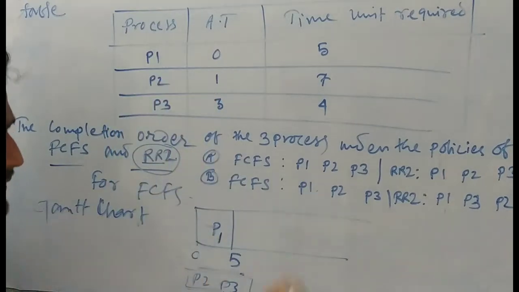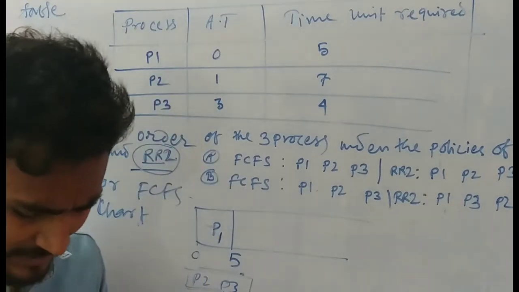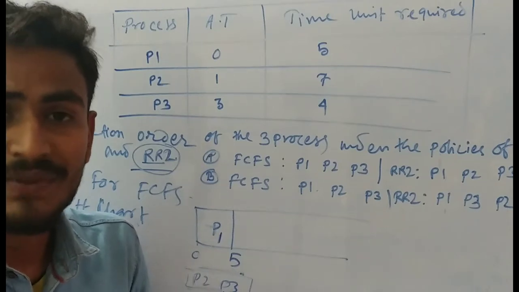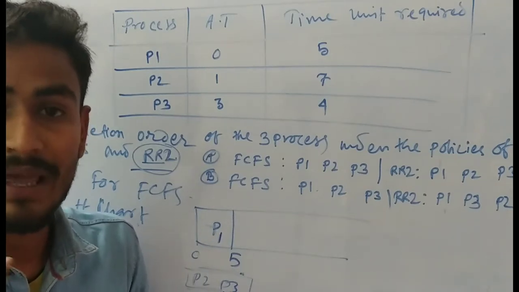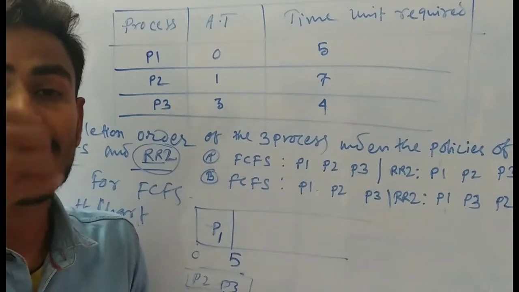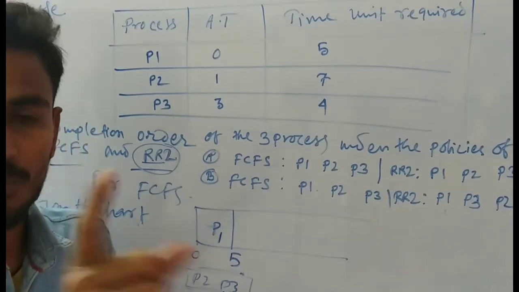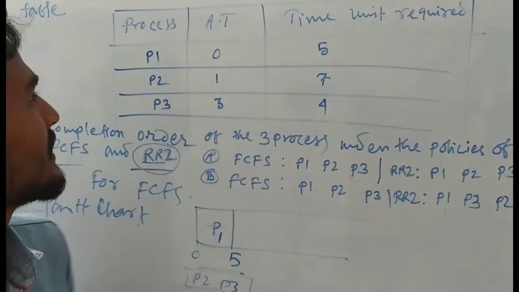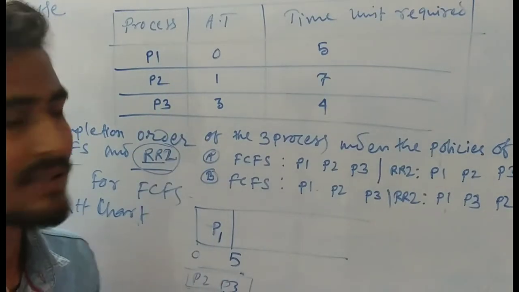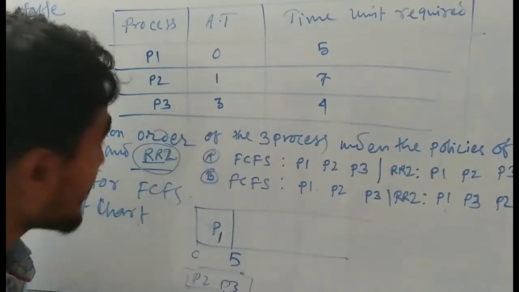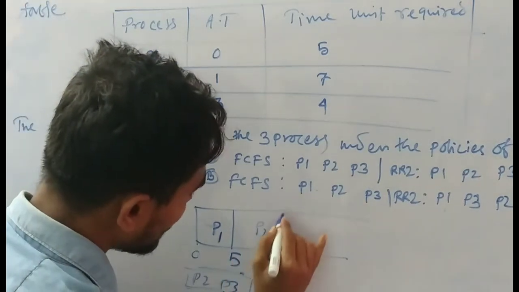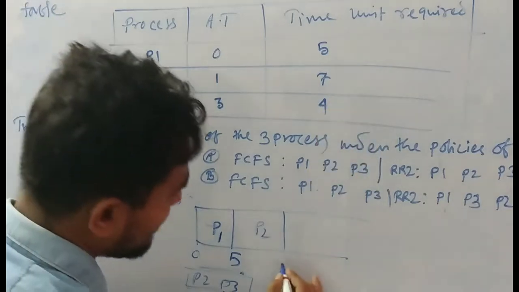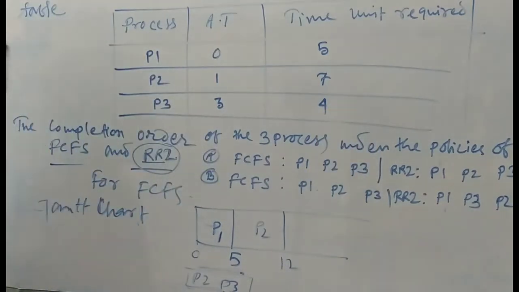Which process executes first? For FCFS, which is based on arrival time, the process whose arrival time is less executes first. Within P2 and P3, which arrival time is less? 1. So P2 arrives first and performs its entire task within 7 time units, that means until 12.